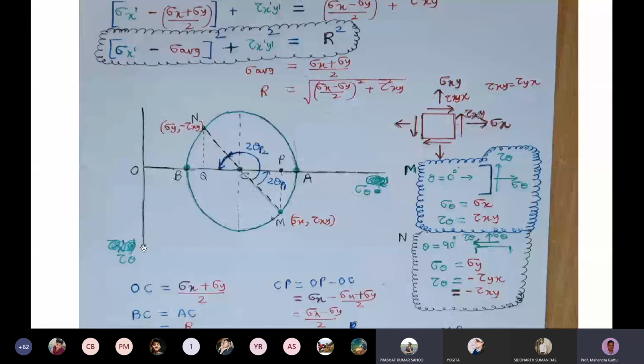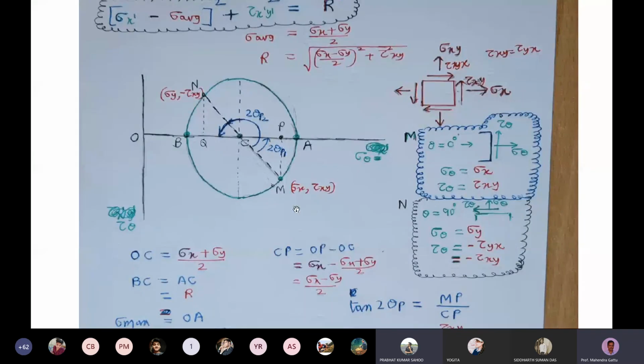There is a reason for that. We can discuss that later. So we have the x-axis and y-axis, and we have our circle with center at a distance OC given by sigma average, and radius given by this value.